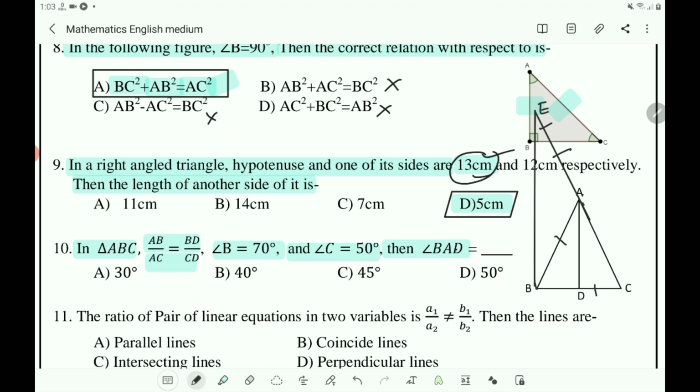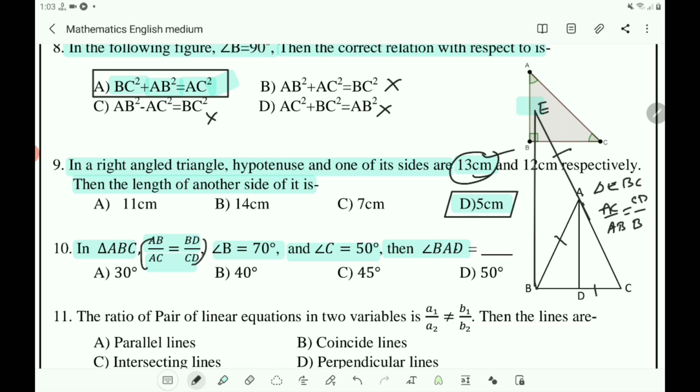AE must be equal to AB. And if you consider the triangle EBC, here you got that AB by AC equals, or you can take AC by AB equals CD by BD.